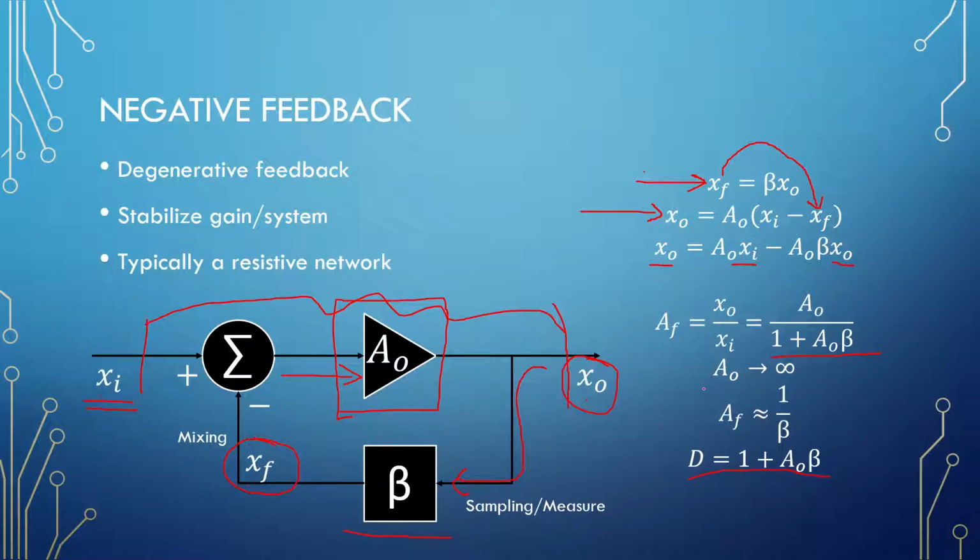Now the good thing is, if our gain were to be infinite or extremely large versus the feedback gain that we want, then AF will boil down to being 1 over beta.